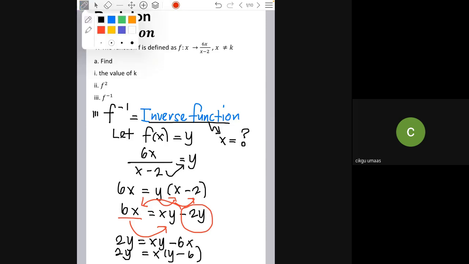And when I move the y whole thing to the other side, my answer for x is now going to be 2y over y minus 6. You sure, any problem?